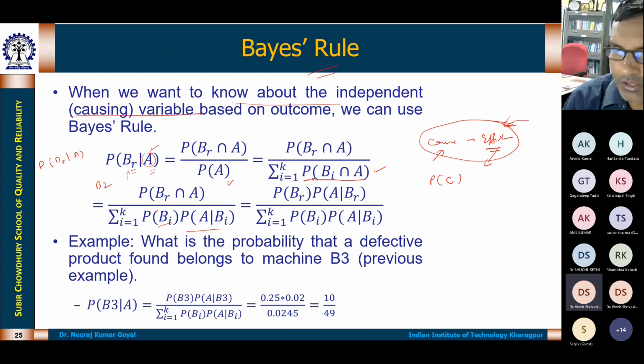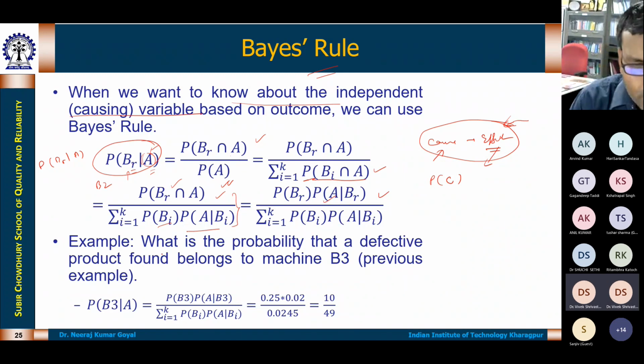It is the same formula we discussed in the previous slide. I can use this formula to get it, or I can convert it into conditional probabilities and use either form.